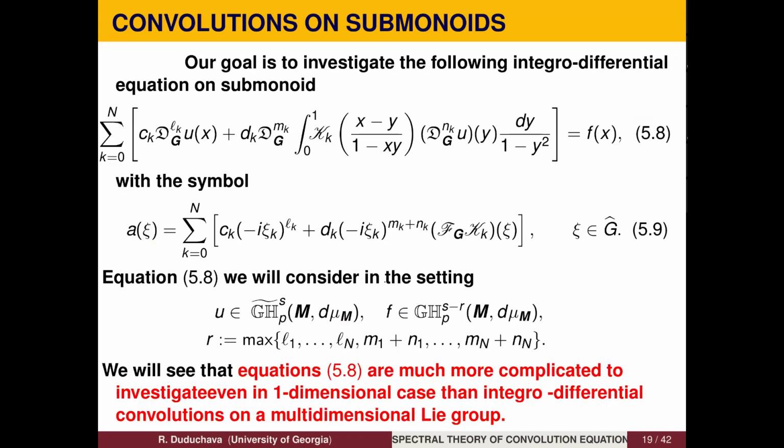And now our goal is to investigate this convolution equation, the same as for the group, but now on the monoid. So the convolution is from 0 to 1, and the convolution operator again on our group, and generic differential operators also. All are present here.